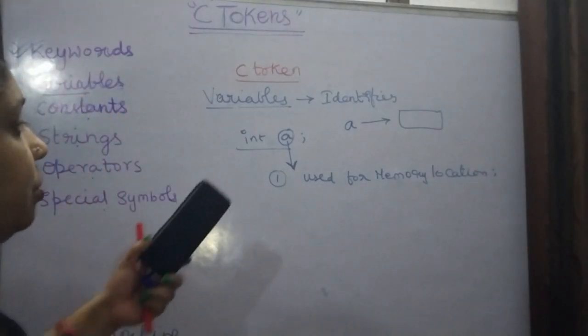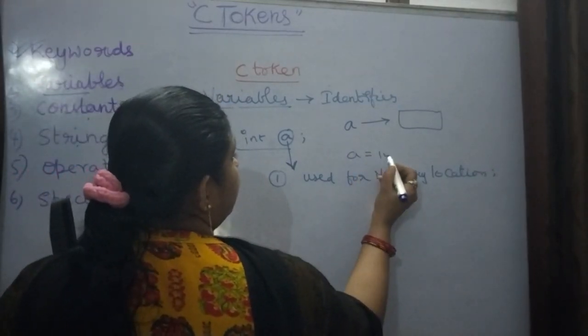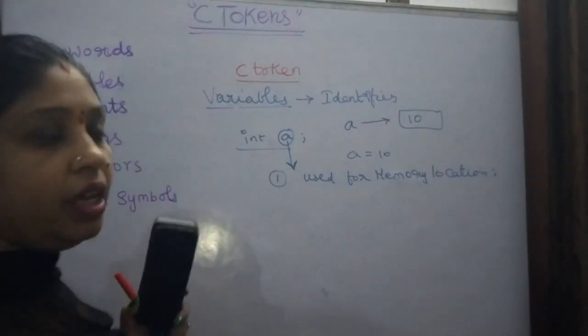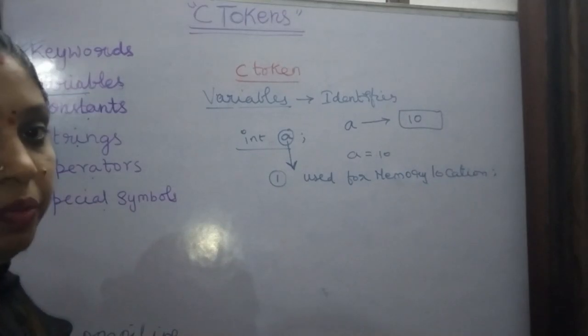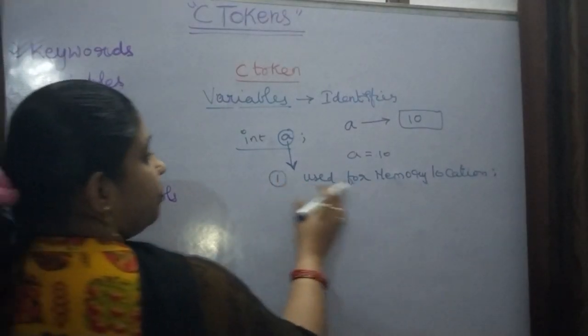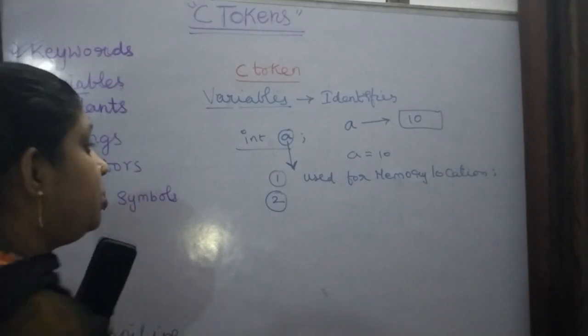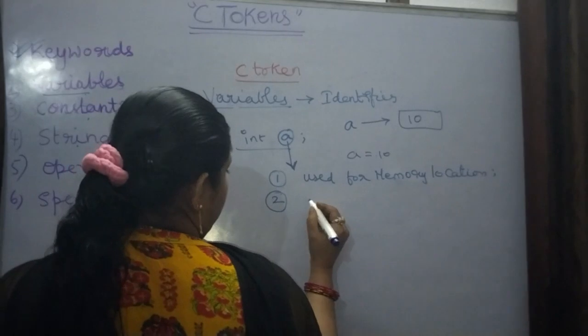When you are using a, suppose you are assigning 10 to a, this 10 will go and sit here. You are giving some memory to this particular variable. So this is used for memory location, and you can even change the value during program execution.